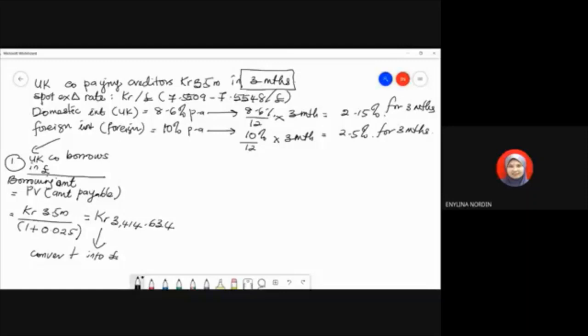That means the kroner 3,414,634 will be divided by the kroner low rate. What is the low rate? That is 7.5509.